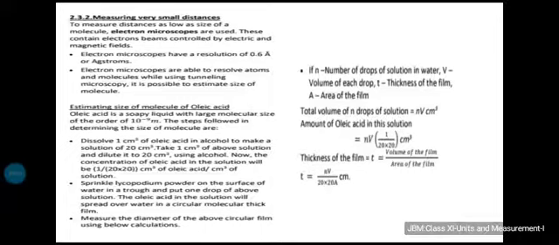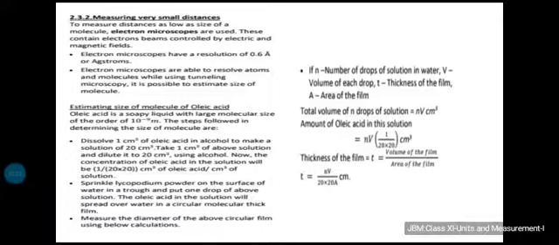So a simple method for estimating the molecular size of oleic acid is being discussed. So I will tell you how to estimate the size of oleic acid. The molecule of oleic acid, which is a soapy liquid with molecular size of the order of 10 to the power minus 9 meter. The idea is to first form a monomolecular layer of oleic acid on water surface.